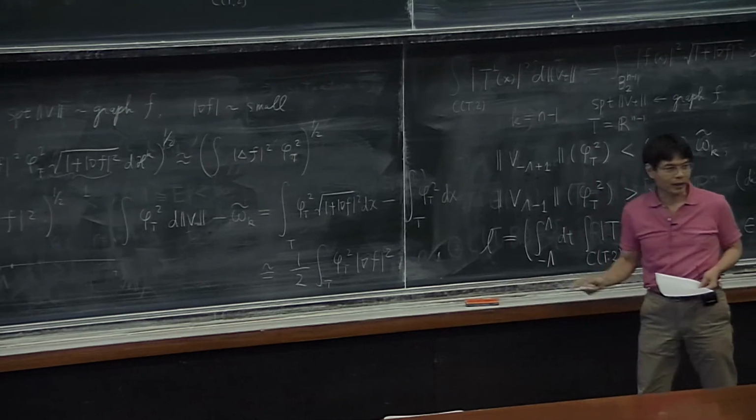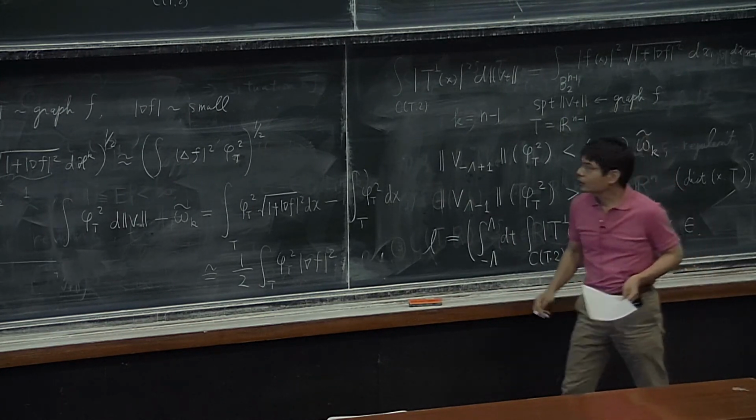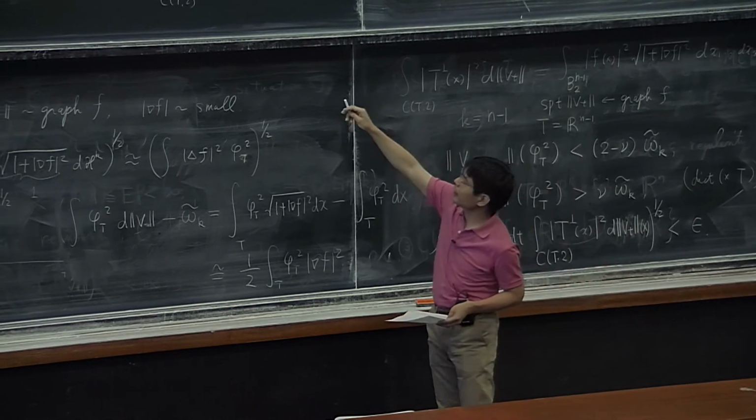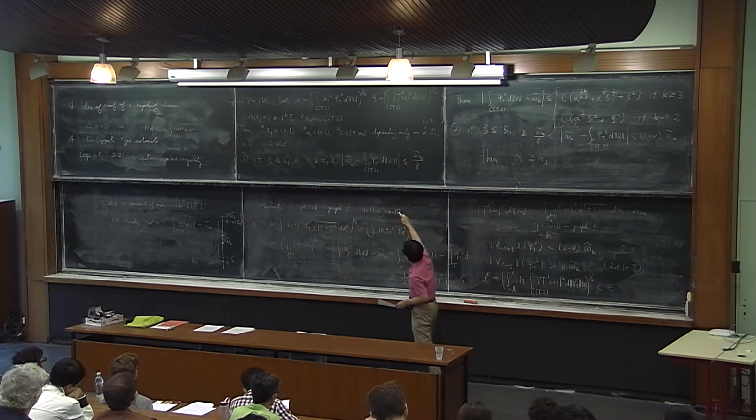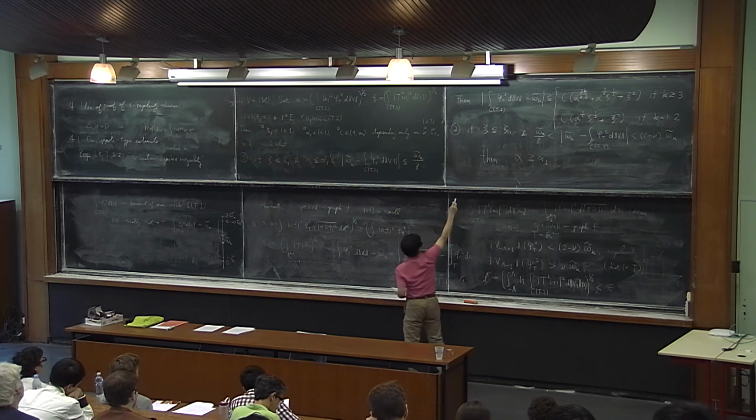So this quantity is like a Dirichlet energy in some sense, if everything is nice. This is really saying that if this Dirichlet energy is not too big, then you have those things.